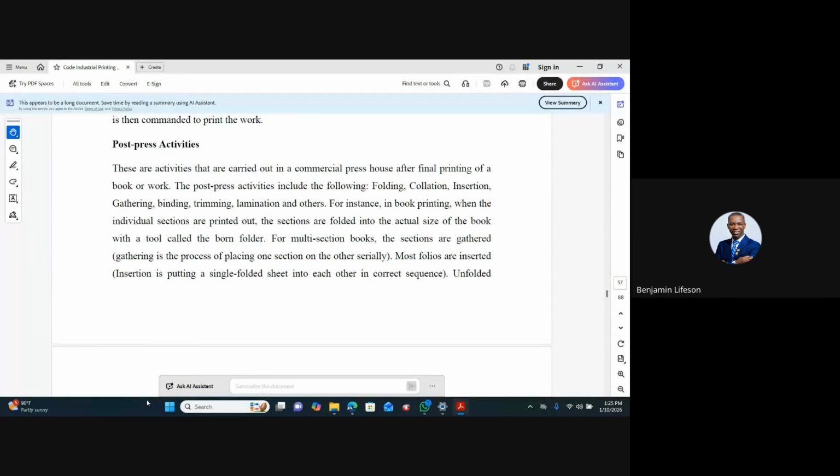Then one thing that we need to understand is that collating is like picking one page from each stack to make a complete document, whilst gathering is like stacking full booklets or sections, one on top of another, to form a book. So that is it. All right.